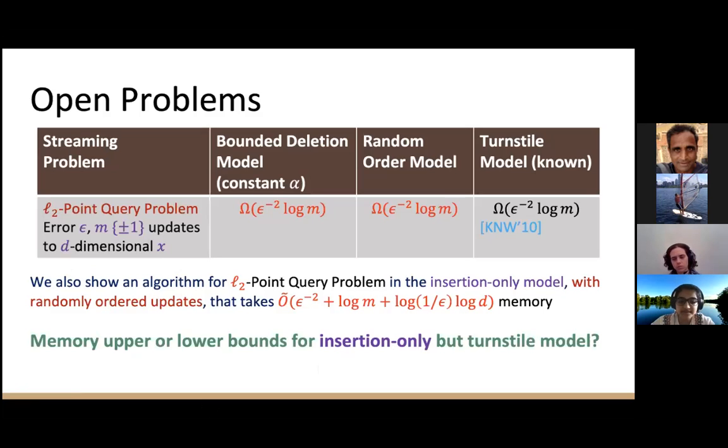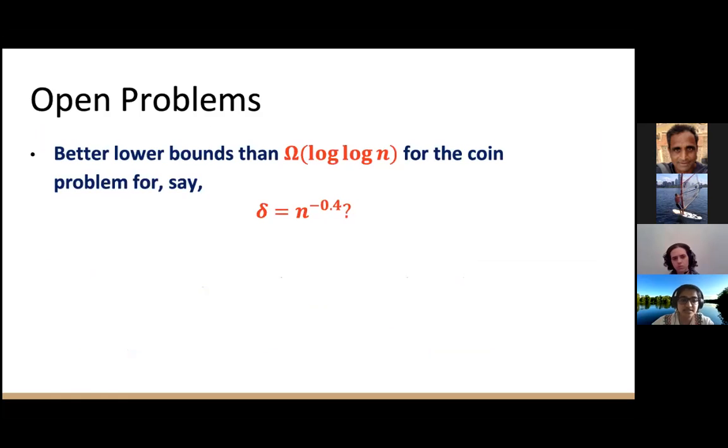Okay. And the second of the open problems, which I find very interesting, is in the world of the coin problem. Here the question is, can we prove better lower bounds than omega log n on memory for the coin problem in the streaming model for, say, delta equal to n to the minus 0.4?